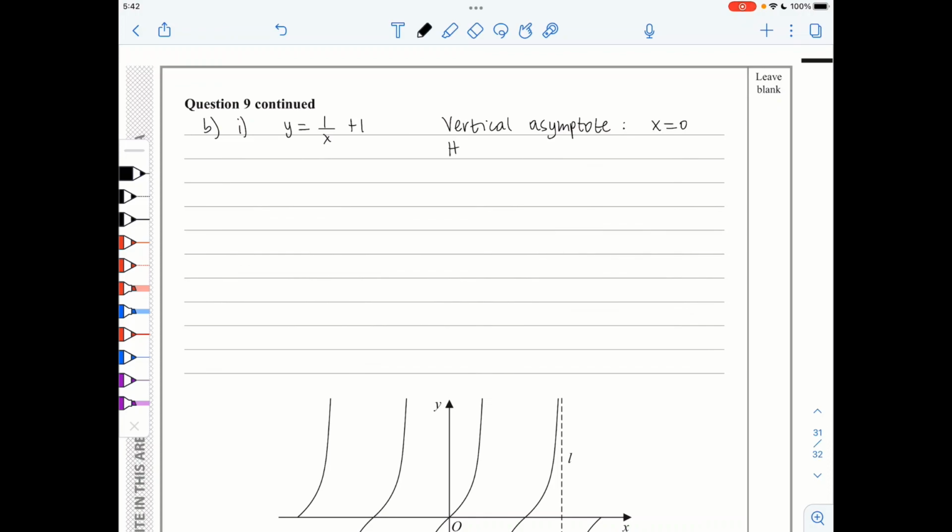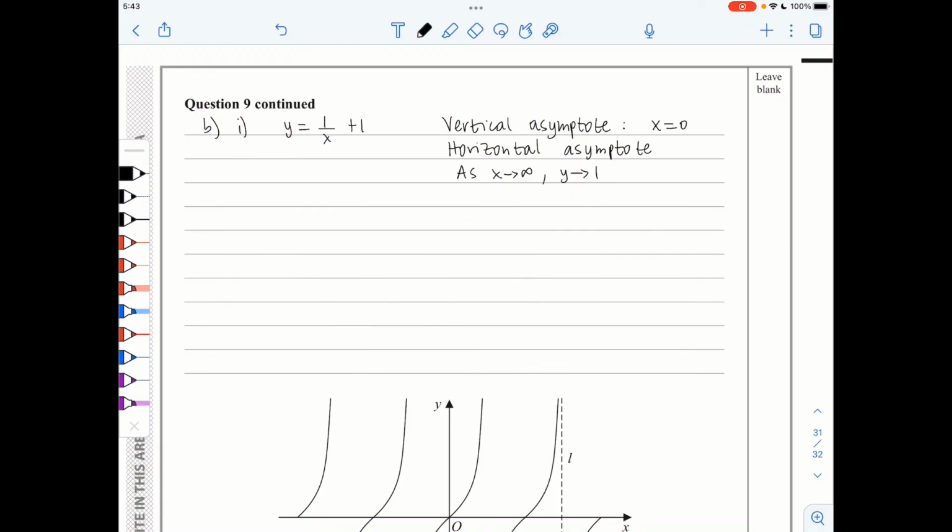For the horizontal asymptote, what we can do is we allow x to grow really large. So we consider the behavior as x tends to infinity. So as x tends to infinity, then this is 1 over infinity, which goes to 0, and therefore y is equal to 1.